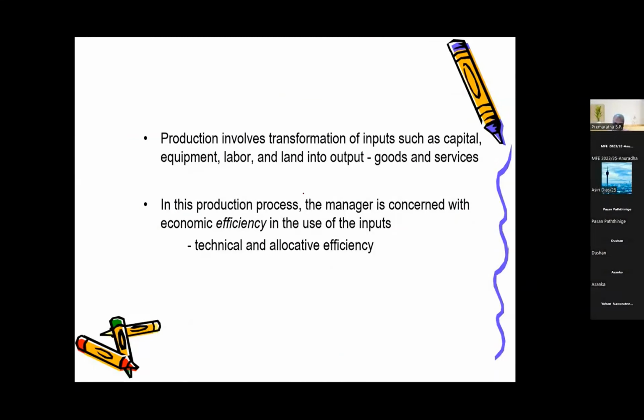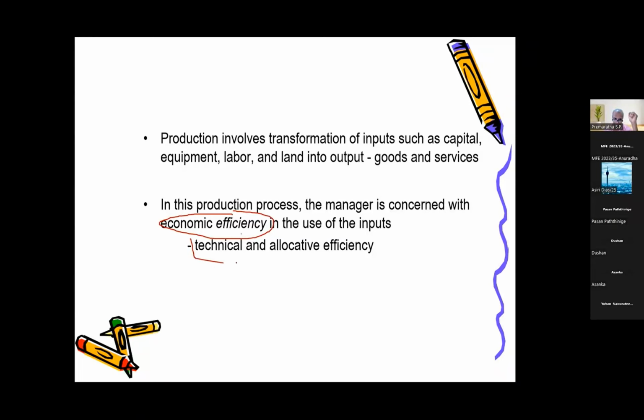The most important thing is what we discussed, learn the theory of production and the whole economy also. Economic efficiency, so achieving the economic efficiency is the important thing. When you look at the economic efficiency, there are two sides of the economic efficiency.